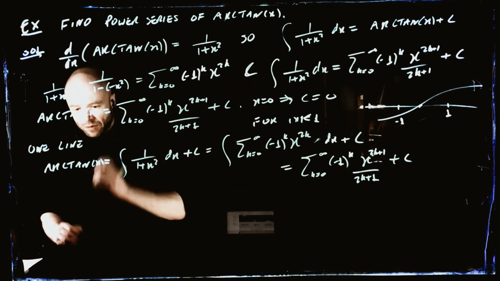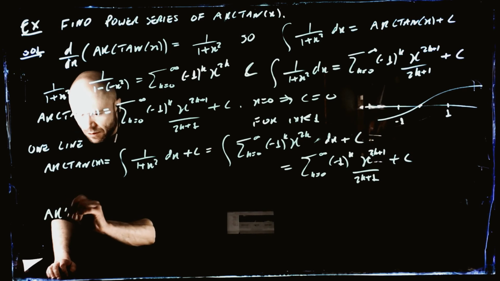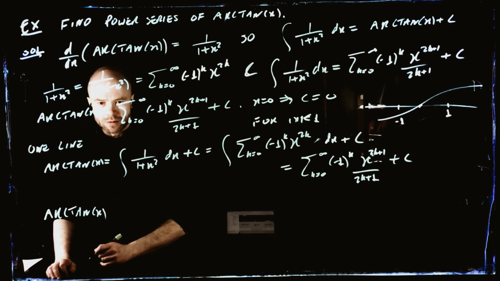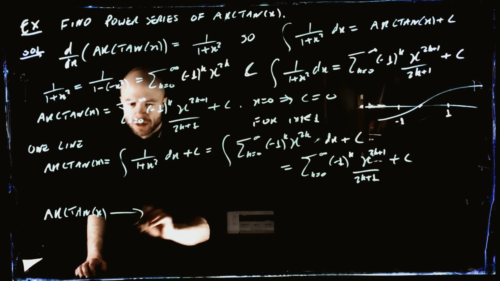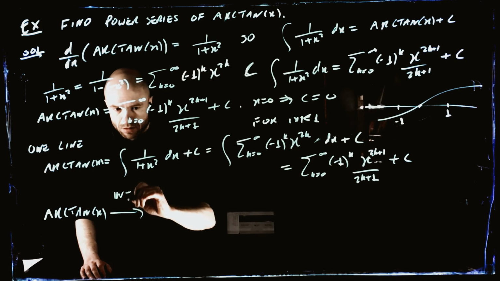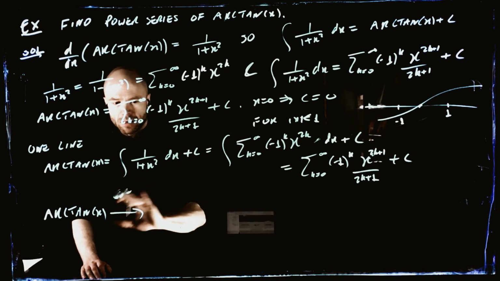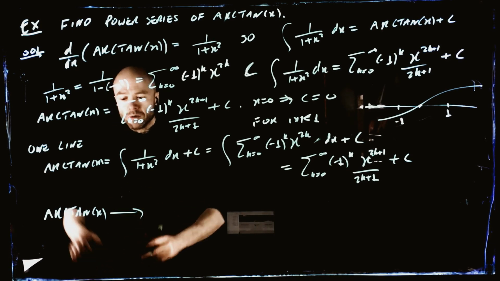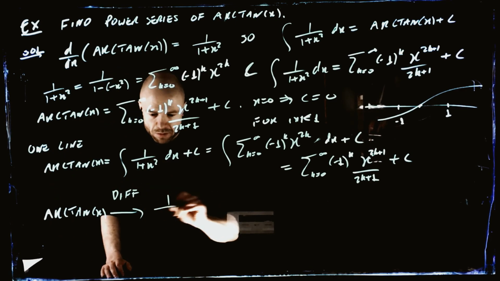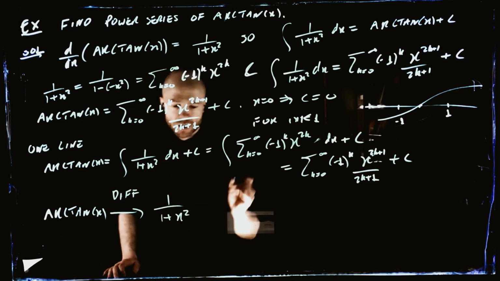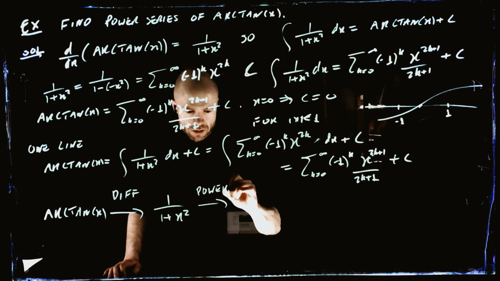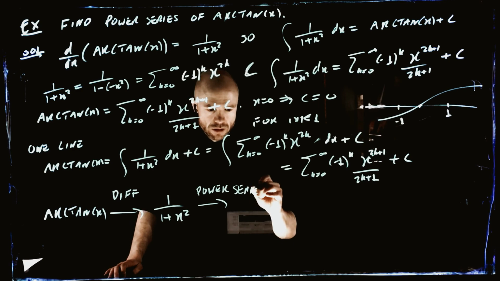You can break down what you did, making sure you are reversing the steps, right? So we go from this thing, we are taking the antiderivative, so we're integrating. This is how I got this wrong last time. No, we are differentiating. We are differentiating to get 1 over 1 plus x squared. Then we are power series expanding.